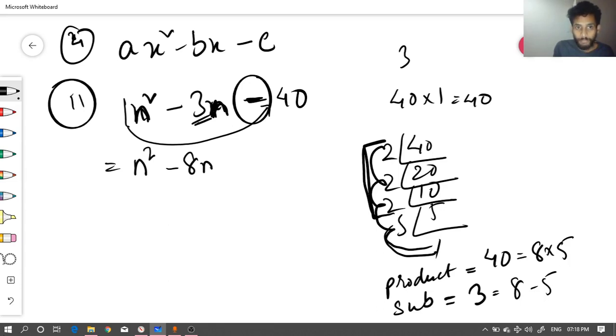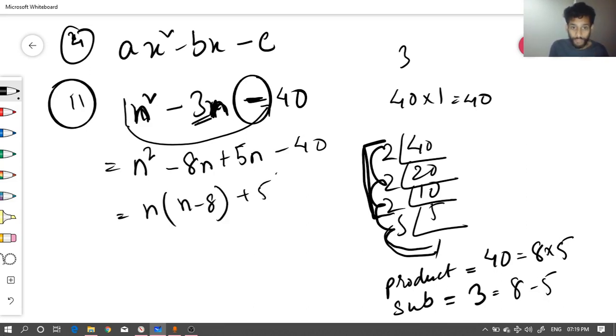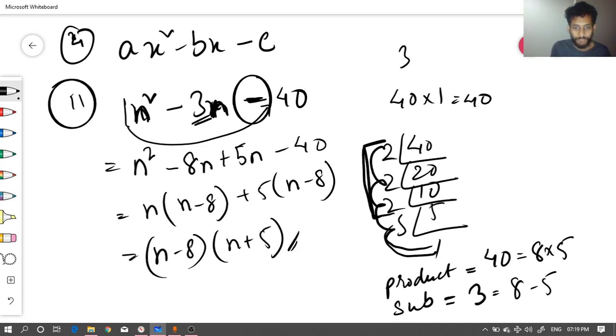So if we have to do minus, the next sign should be plus. Okay, then minus 40. If I take n common, it will be n minus 8. If I take 5 common here, it will be n minus 8. Then if I take n minus 8 common, it will be n plus 5. So here you got it.